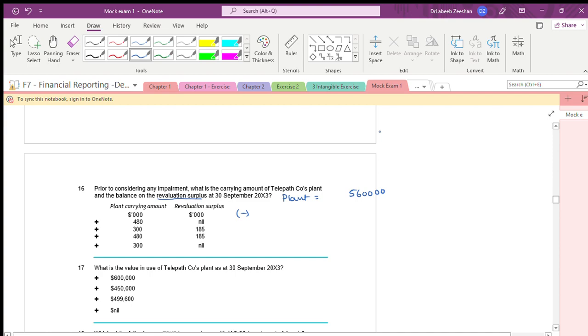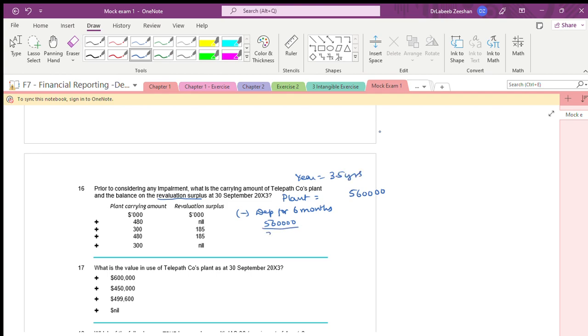Fine. Now, what we have to do is calculate the depreciation. Depreciation for how many months? Depreciation for 6 months. 560,000, how many years are left? Years are 3.5 years. So 560,000 divided by 3.5 years times 6 by 12.